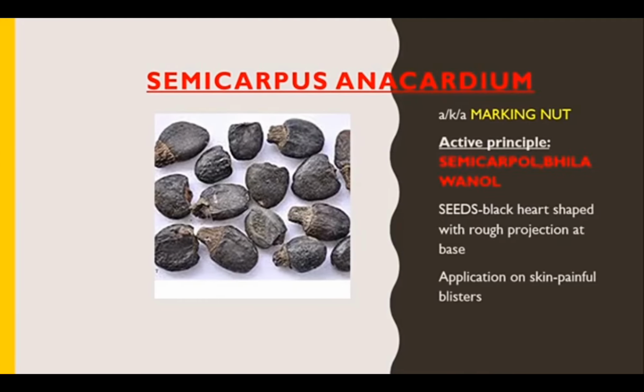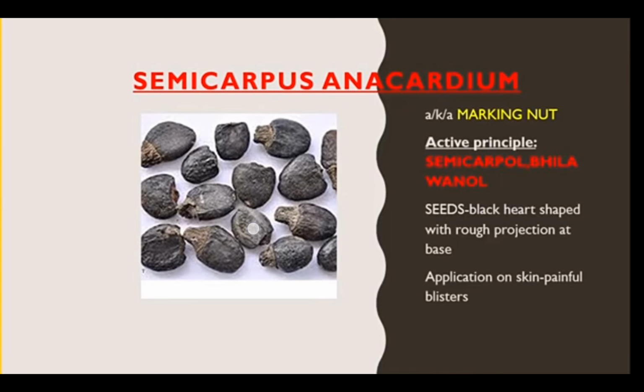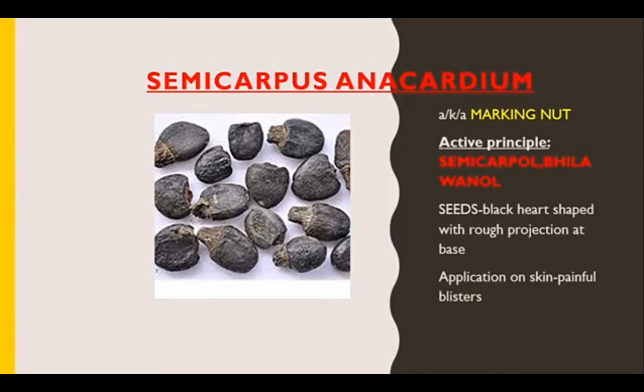Then we have the seeds of Semecarpus anacardium, also known as marking nut, and the active principle is semecarpol or bhilawanol. The seeds are black, heart shaped with a rough projection at the base. Application on skin causes painful blisters. We have done leopard shade seeds, then brownish seeds.